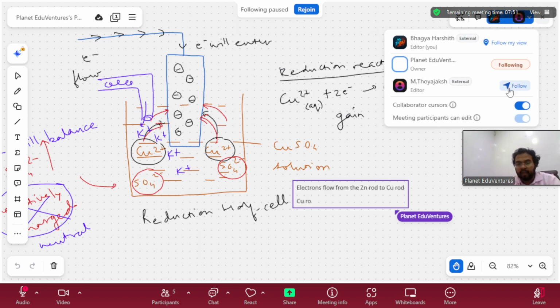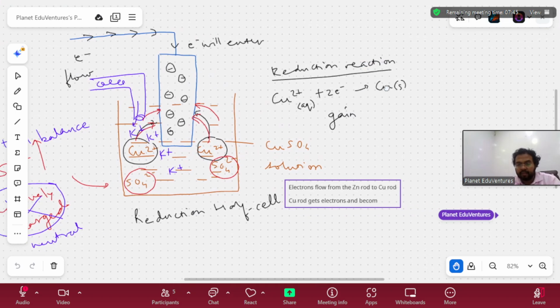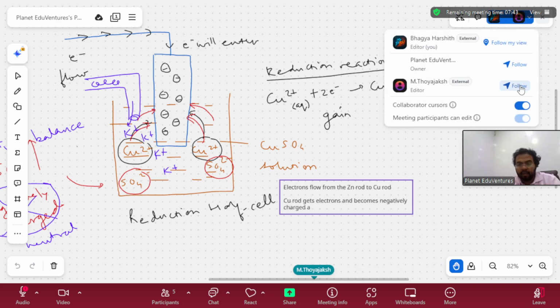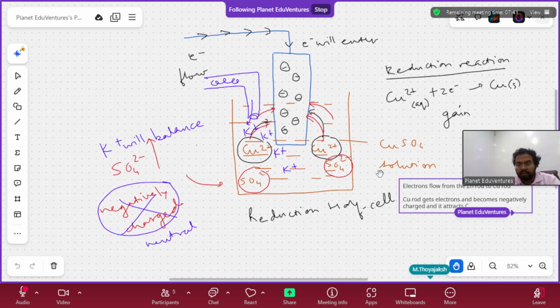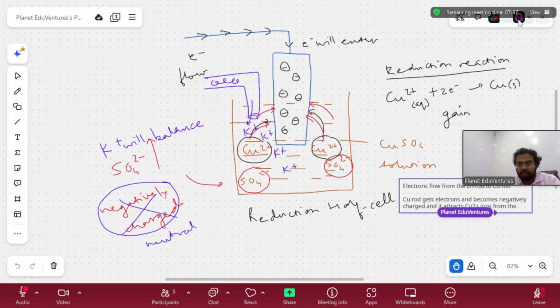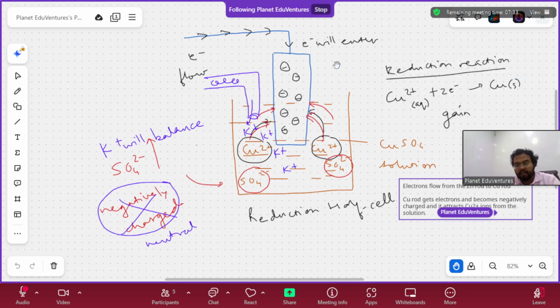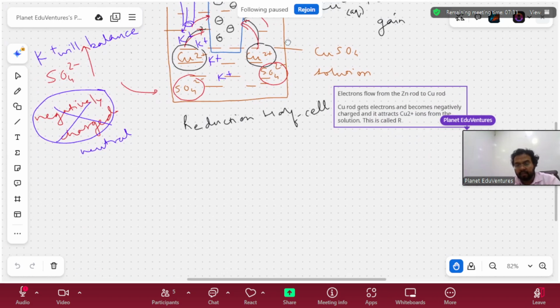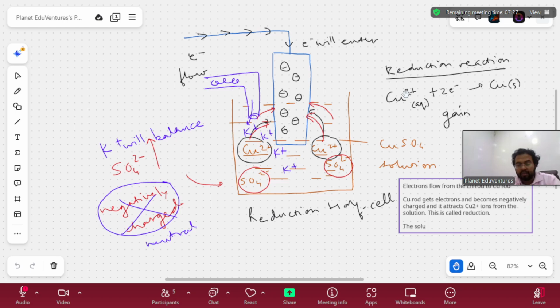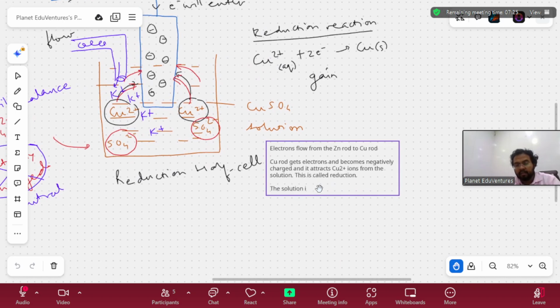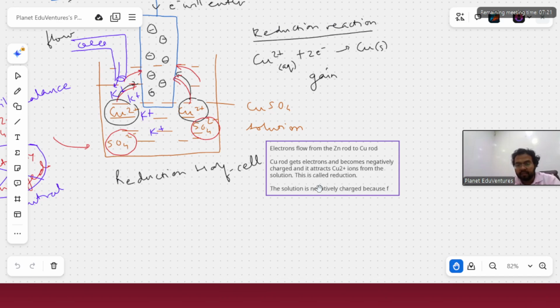Copper rod gets electrons and becomes negatively charged, okay, and it attracts which ion? Cu2+ ions from the solution. It attracts Cu2+ ions from the solution. Okay, this is called reduction. The solution is negatively charged because of excess which ions? SO4 2- ions, because copper ions are getting deposited.